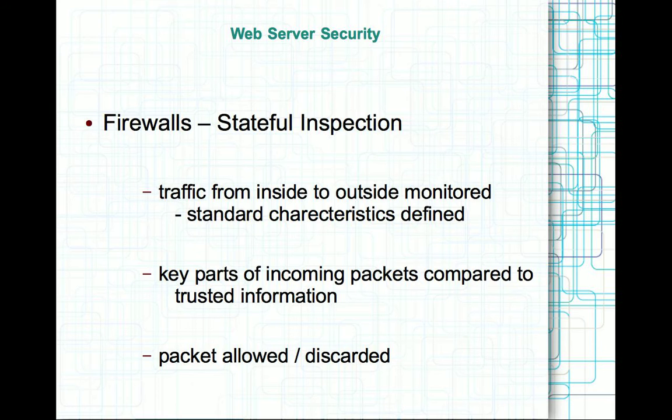Second step, key parts of the incoming packets are compared to this trusted information which is stored in a database, and once the comparison provides a reasonable match, the packet is allowed or discarded. So those were the three technologies used by firewalls.